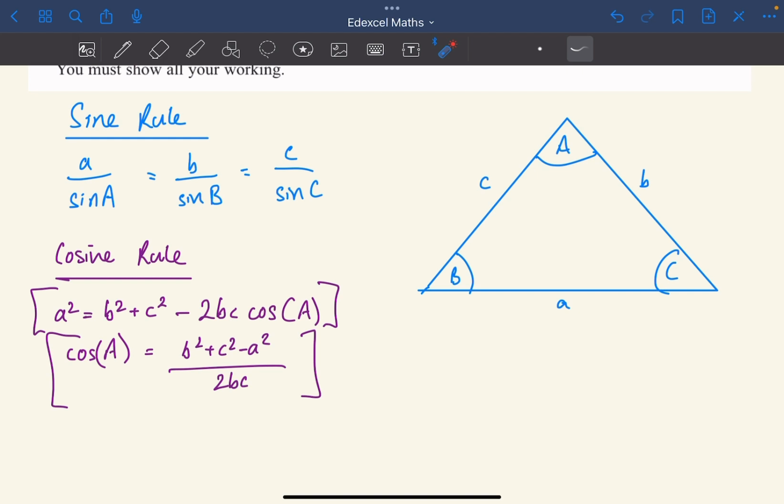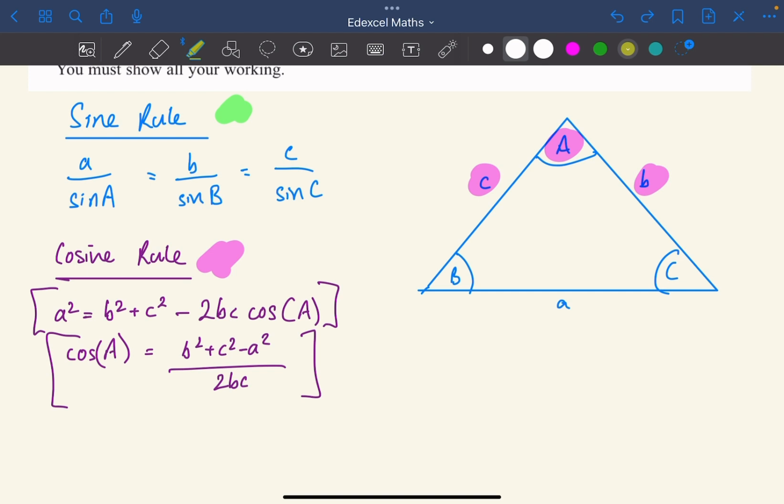So I use this for the cosine rule, this for the sine rule. You'll use the cosine rule when, for example, you know these two and this angle, but you don't know this side, then you can use the cosine rule to find it, or vice versa.